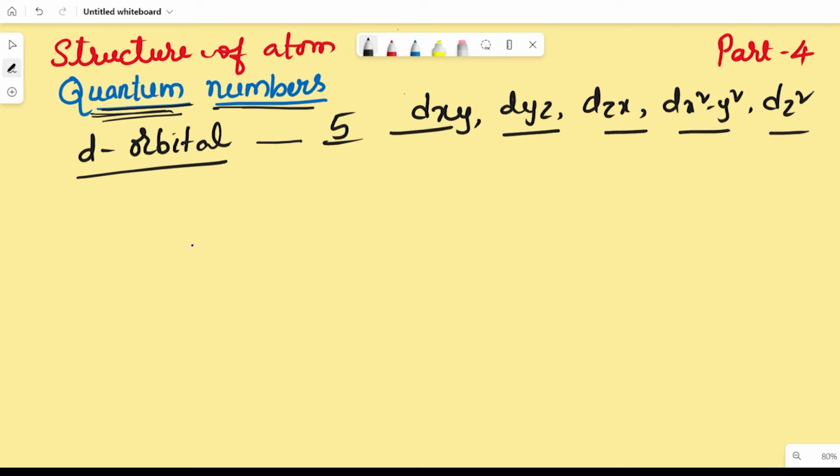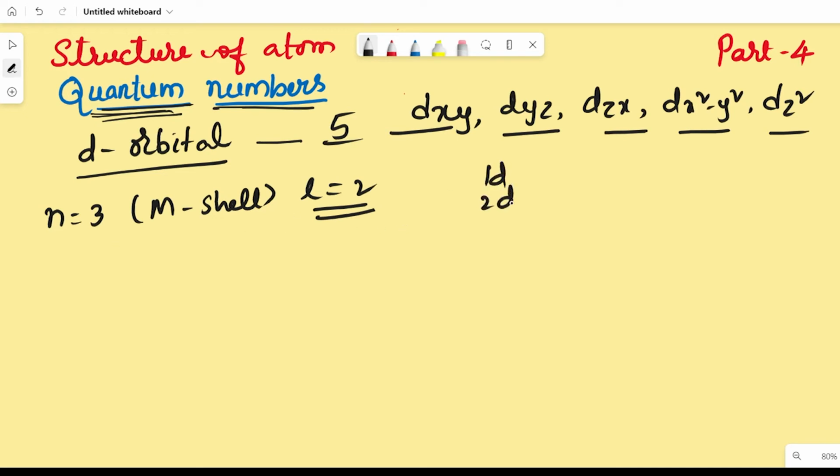And one more point, the d orbitals start from the n is equal to 3 shell, which means from the M shell only. Because only when l value is 2 does a d orbital exist. Which means 1d orbital and 2d orbital don't exist. The d orbitals start from the third shell, which means the 3d orbital will exist, but 1d and 2d don't exist. So very important point. So d orbitals start from the M shell, n is equal to 3.